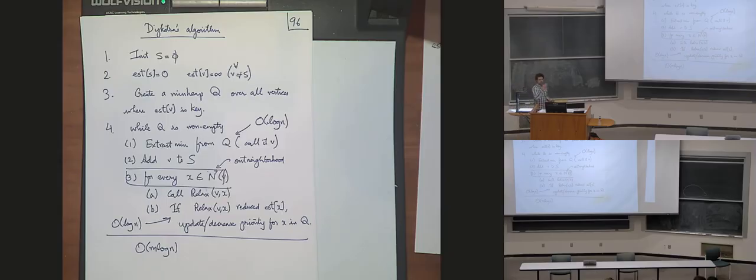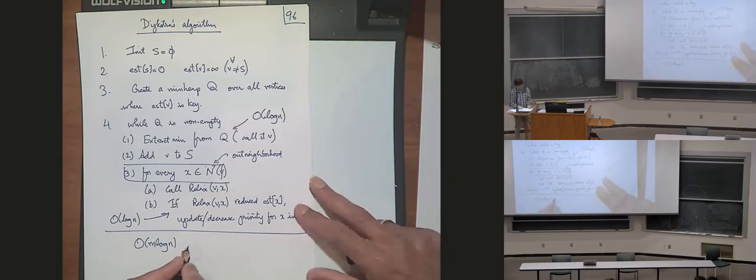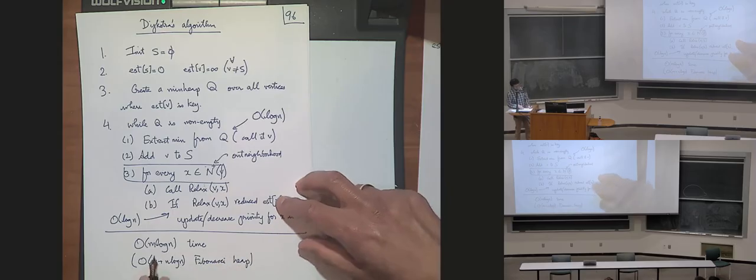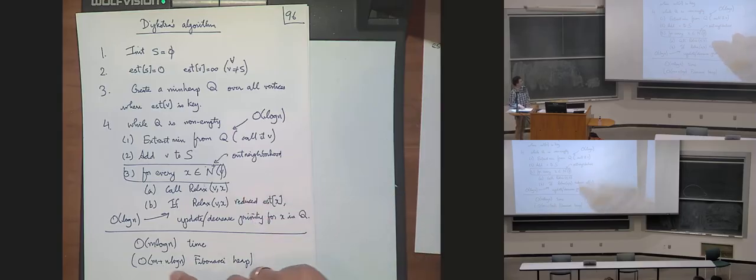Every time you visit a vertex, you're looking at all the neighbors. And again, if you use something called a Fibonacci heap, you can get O of m plus n log n. There's a funky data structure that actually gives you what's called amortized constant update.